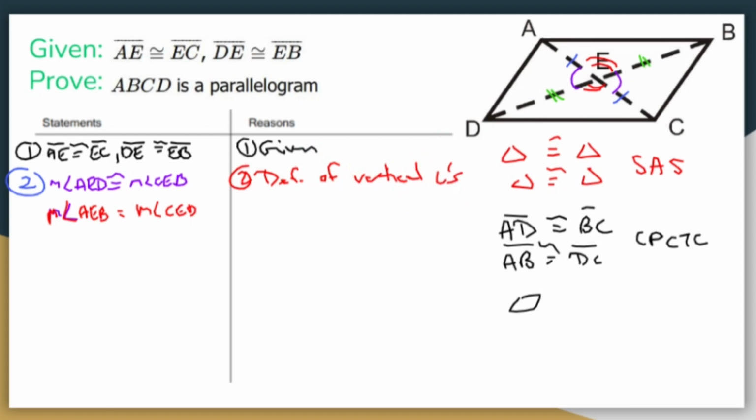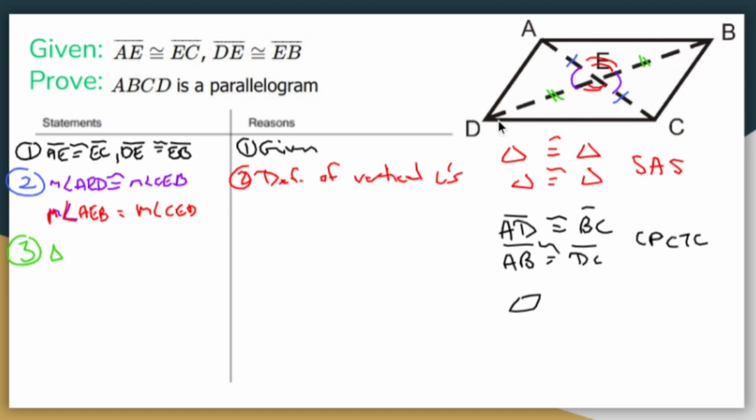Now that I said that, I have a side angle side that matches up with a side angle side. We have to be careful with the order that we put this in. I'm going to go blue, angle, blue, purple, green.